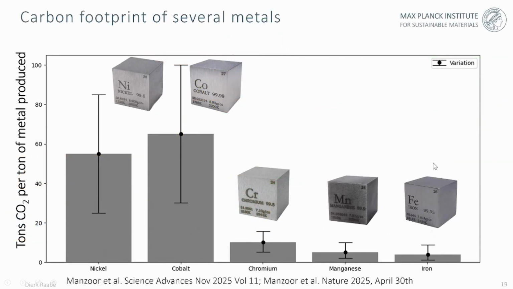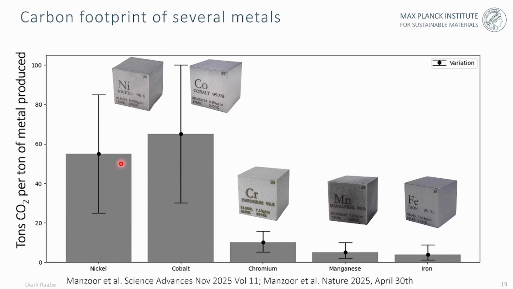And that is very important because you see here a comparison between elements like nickel, cobalt, chromium, manganese, and iron, where we typically are concerned with iron because it is a huge quantity of 1.85 billion tons that we produce every year around the globe, but the actual CO2 emission per ton of iron is only about 1.9 to 2 tons per ton of iron.